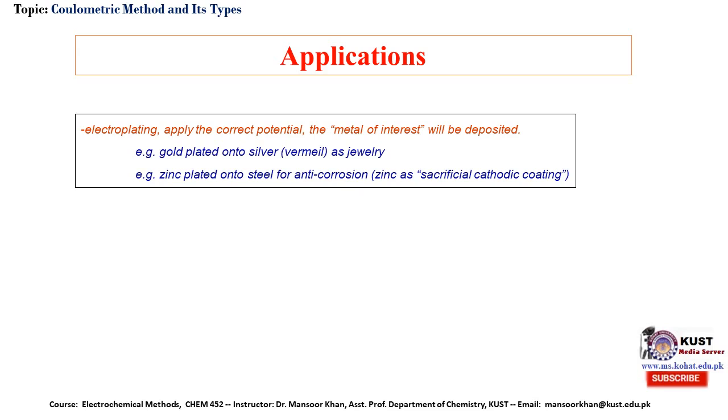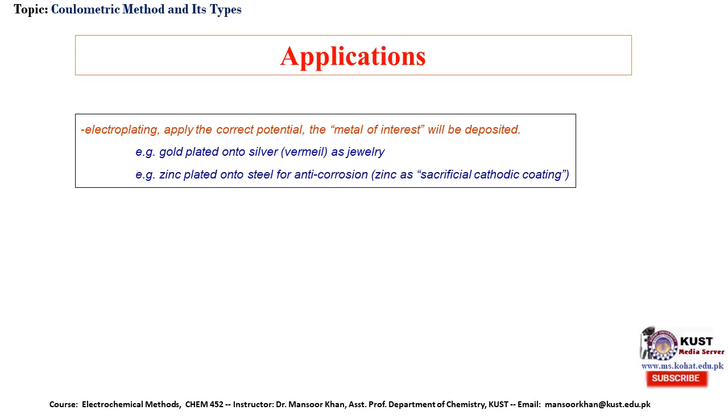The metal of interest is deposited on the surface of the electrode, and from the surface of the electrode the analyte which is deposited can easily be separated. For example, gold is plated over silver in jewelry, and zinc is plated on steel for anti-corrosion, because zinc is non-corrosive as compared to steel.